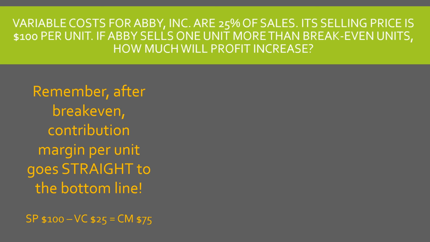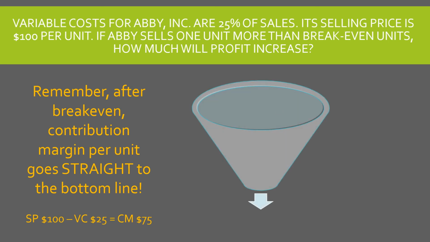And after break even, every product we sell past break even, net income equals the number of units past break even times the contribution margin. So if Abby sells one more unit past break even, her net income should be $75. You've got this.